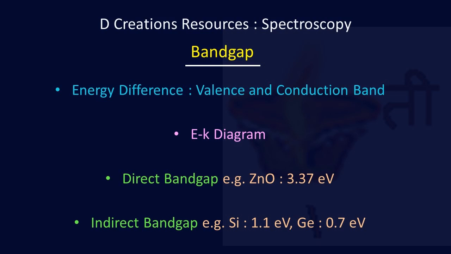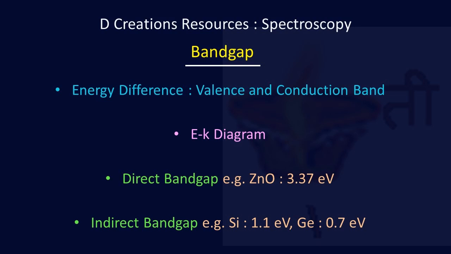So if you plot energy E versus the k vector k, then in that E-k diagram you will see that both the minimum energy of the conduction band and the maximum energy of the valence band occur at the same k value.